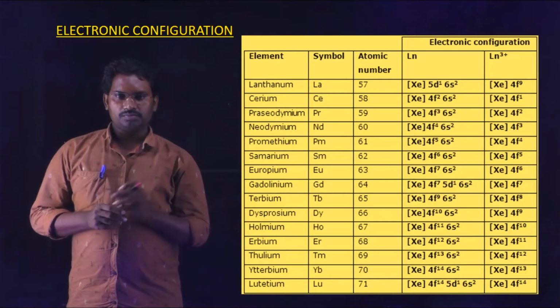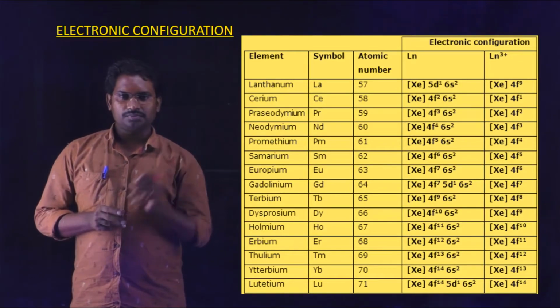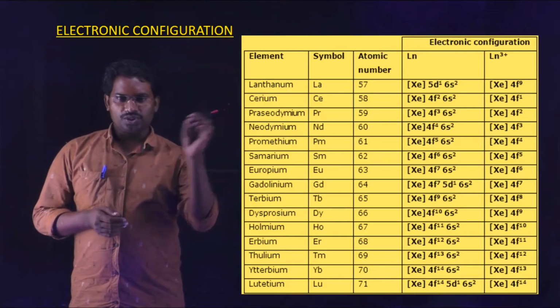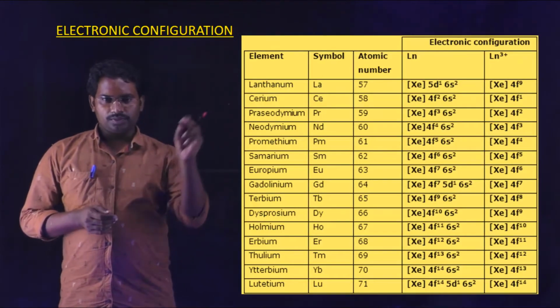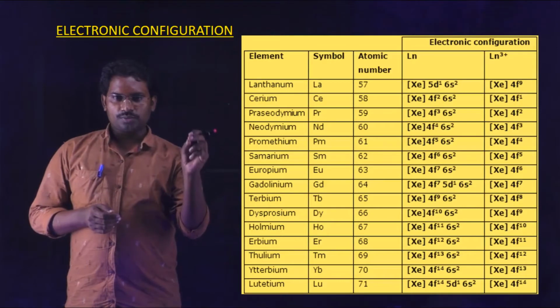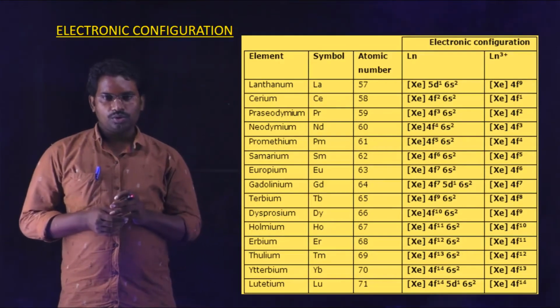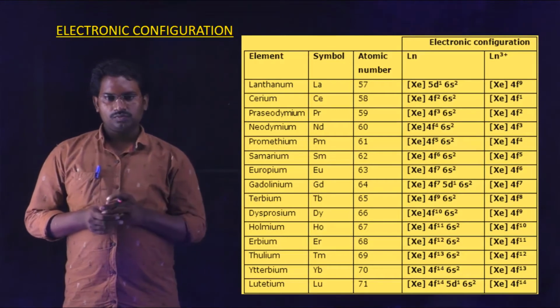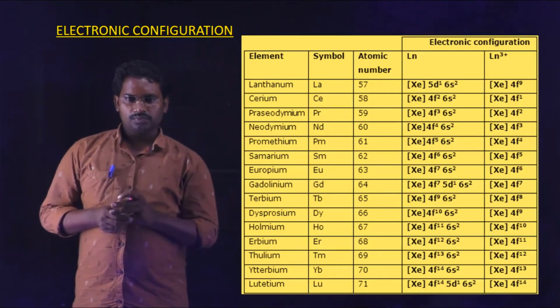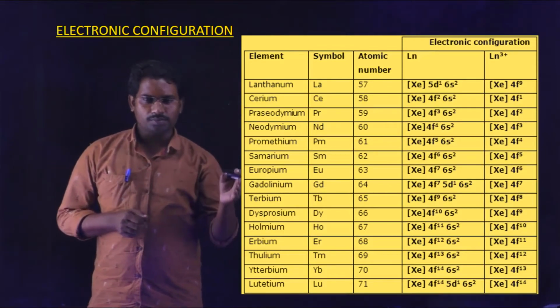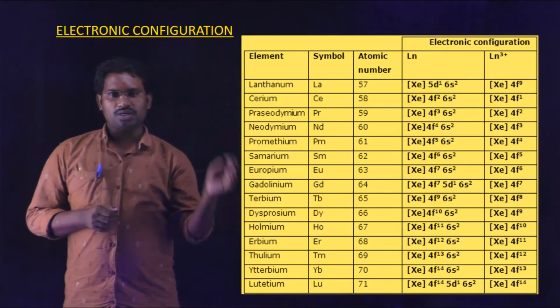Promethium, Pm. Samarium, Sm. Europium, Eu. Gadolinium, Gd. Terbium, Tb. Dysprosium, Dy. Holmium, Ho. Erbium, Er. Thulium, Tm. Ytterbium, Yb. Lutetium, Lu, with atomic numbers from 57 to 71.